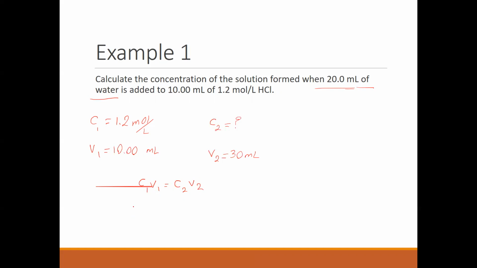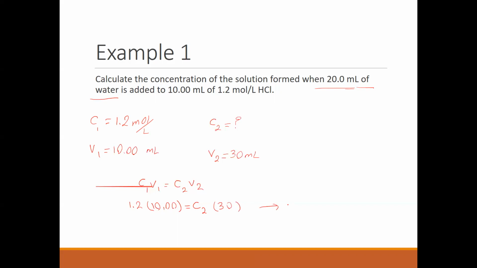So C1 is 1.2, V1 is 10, equals C2, which I want to find, times V2, which is 30.